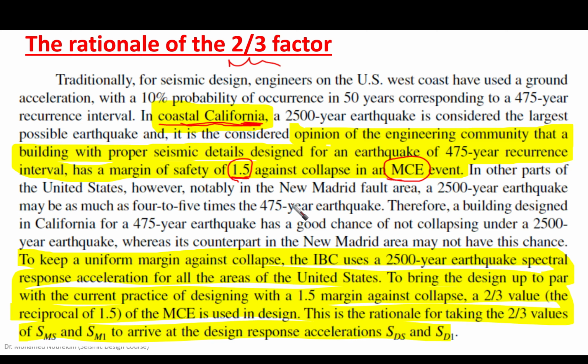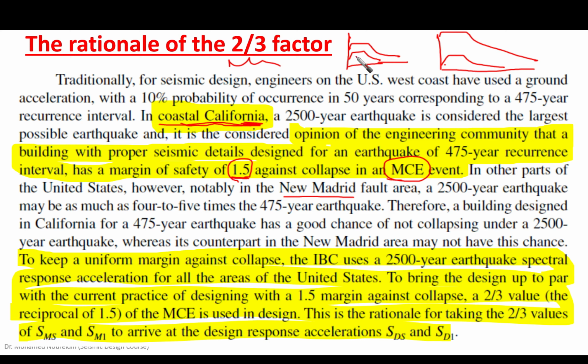But when they went to another place, like New Madrid, for example, they found that this safety factor was not maintained. If this is the design response spectrum in California, and this is the maximum considered response spectrum, and this is in another place, let's assume it's New Madrid, this is the response spectrum, and here this is the maximum considered response spectrum.